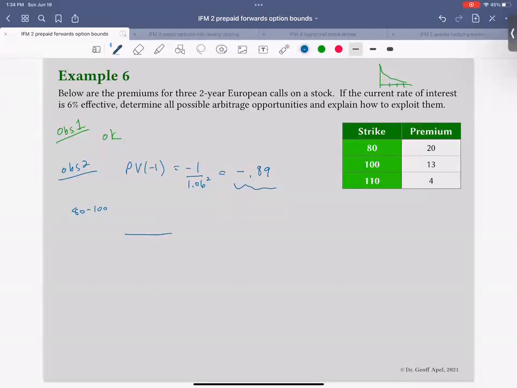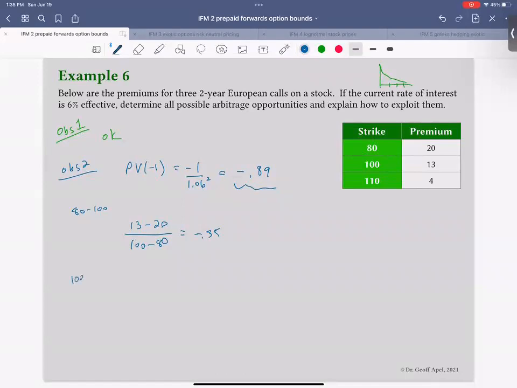The slope is the change in costs over the change in strikes: 13 minus 20 over 100 minus 80. That's -7 over 20, which is -0.35. That one's okay, because it's larger than this. It's not more steep than -0.89, it's more shallow, so that one's all right.